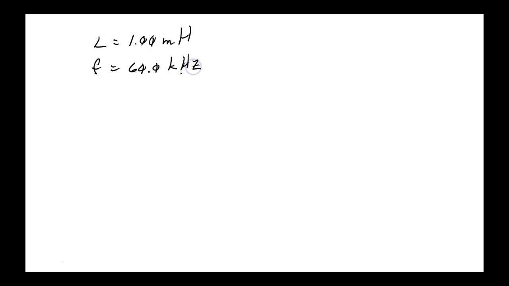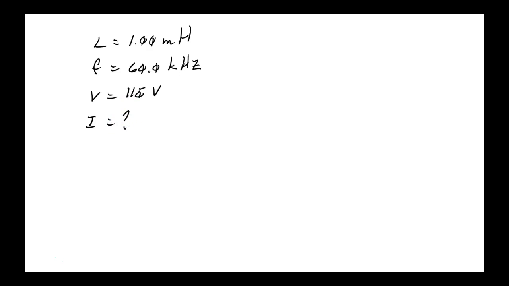There we have our henries and hertzes. And that's AC power. And what's the voltage on that? V is equal to 110 volts. What is the current in the circuit? So we're looking for I, the unknown here.